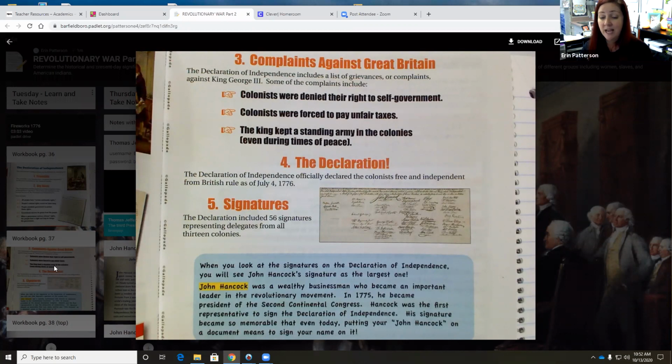His signature became so memorable that even today, putting your John Hancock on documents means to sign your name on it. So when you have your parents sign your agenda, you can ask them, hey, give me your John Hancock. And that means give me your signature. That expression is still used by some folks today.